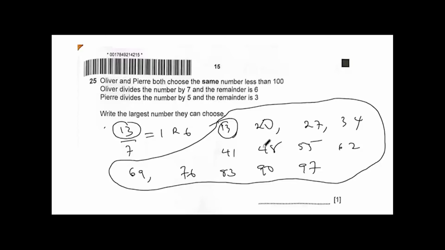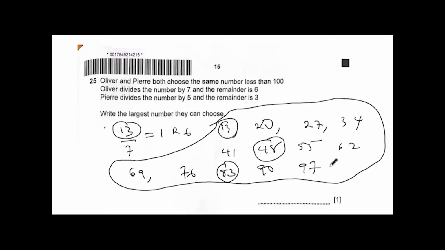This one is not there. So another one will be this one. So multiple of 5, that's 45, plus 3, that's 48. Another one will be, which one again? 83. Okay, that's a multiple of 5 plus 3.